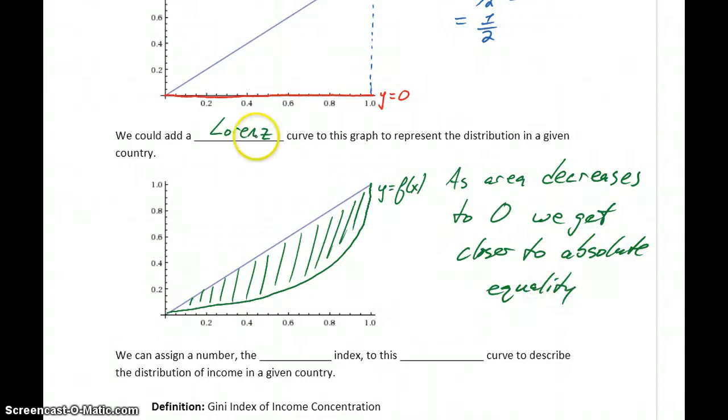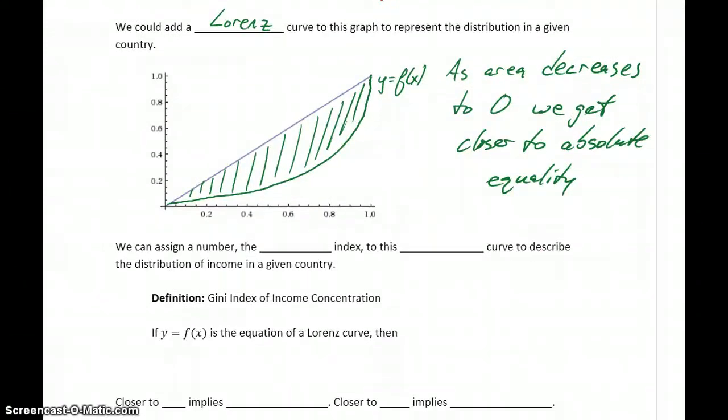So what the Lorenz curve is giving us is a way to measure how equally or unequally income is distributed across a country, or again, a city, a state, whatever population we were looking at.